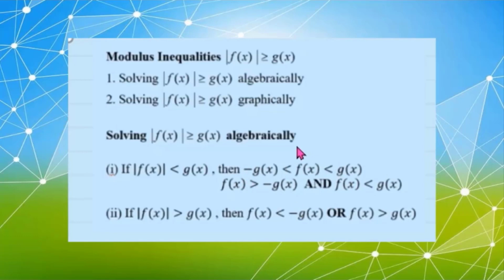If we are not able to solve this inequality directly, then we need to separate this into two. First one is f of x is greater than negative g of x, and at the same time f of x also less than positive g of x.